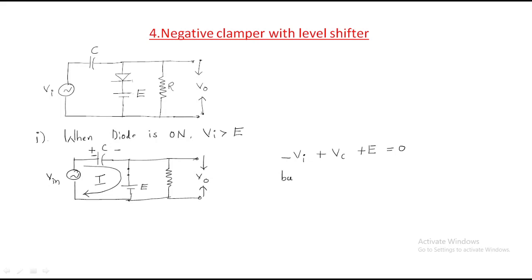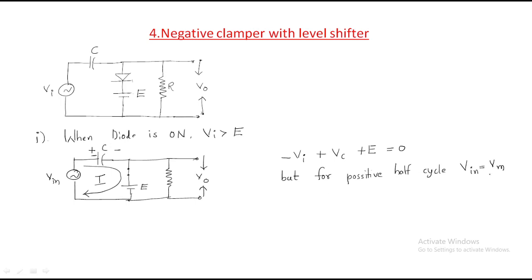But for the positive half cycle, V input will become VM.